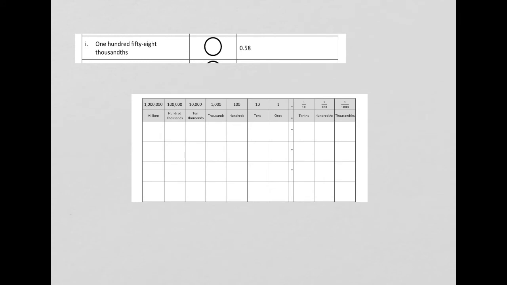Okay, this one looks a little different because this is in word form and this is in standard form. So I need to translate this from word form into standard form. So it's 158 thousandths. Think about what that would look like on your place value chart. We know there's no "and" in there, so it's not whole numbers, it's all decimal.